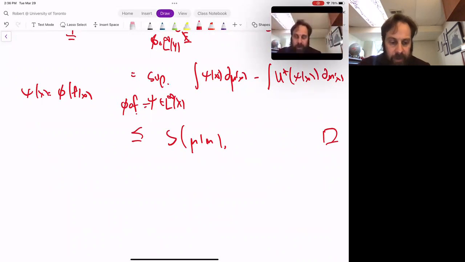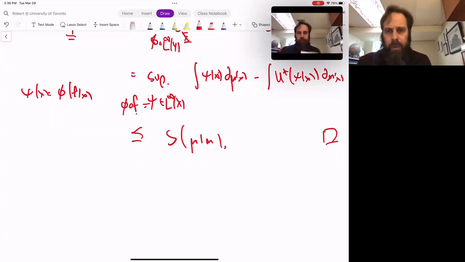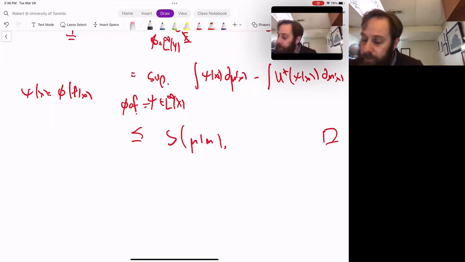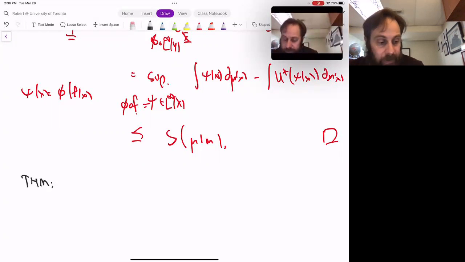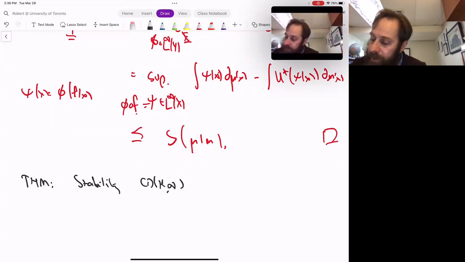Okay, so I think that I'm ready to expose the main idea of the stability proof, but with a simplification. Let's do the stability first of CD(K,infinity), and we'll worry about CD(K,N) afterwards.